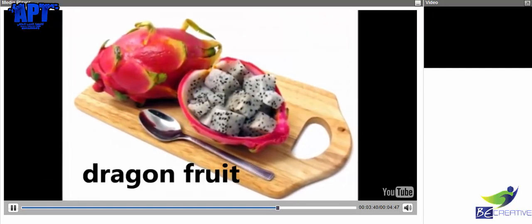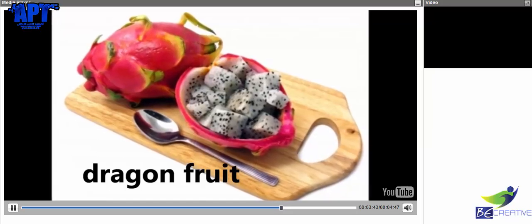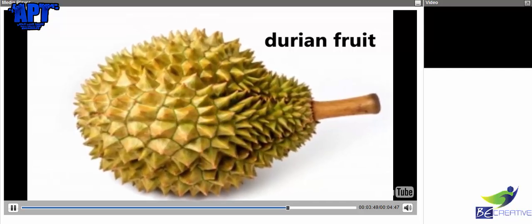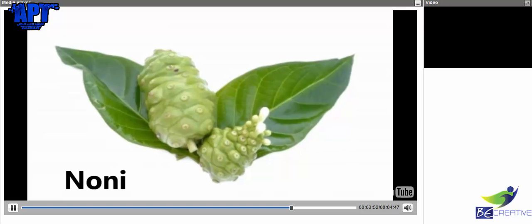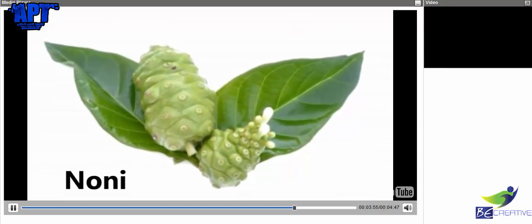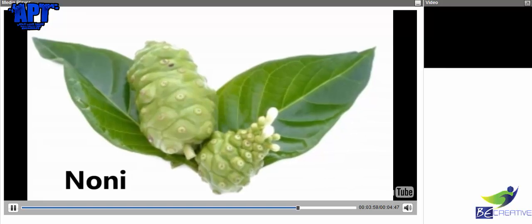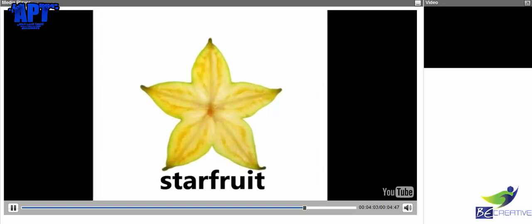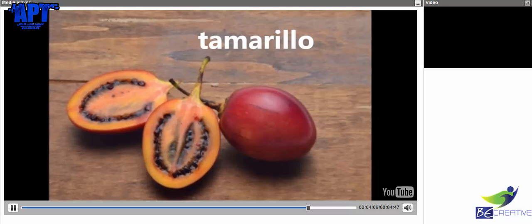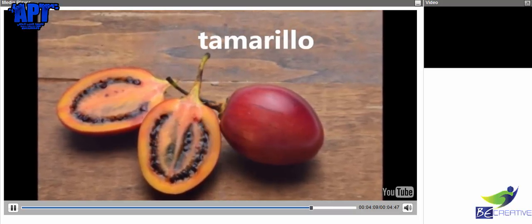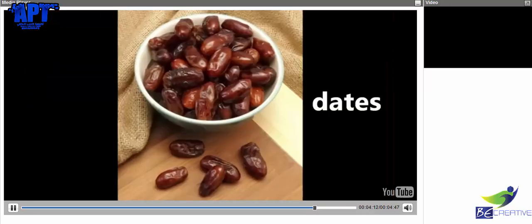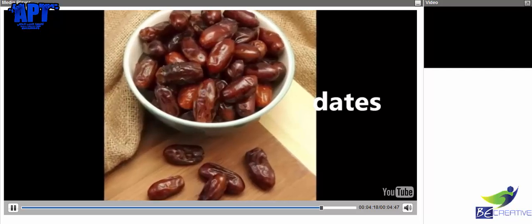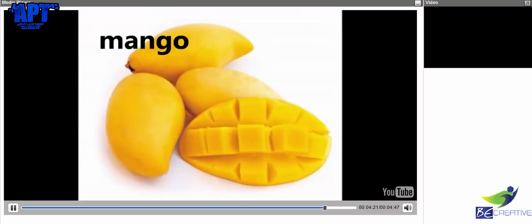Dragon fruit, dragon fruit. Durian fruit, durian fruit. Noni, noni. Star fruit, star fruit. Tamarillo, tamarillo. Dates, dates. Mango, mango.